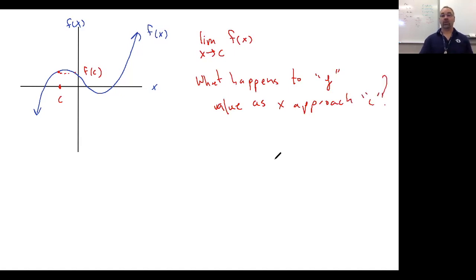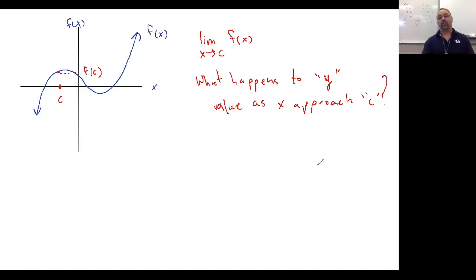That's what we mean when we're talking about a limit. So f of c can be undefined, f of c can be defined, it doesn't matter. We are just interested in what's happening to the values on the y-axis as x gets really close to c.